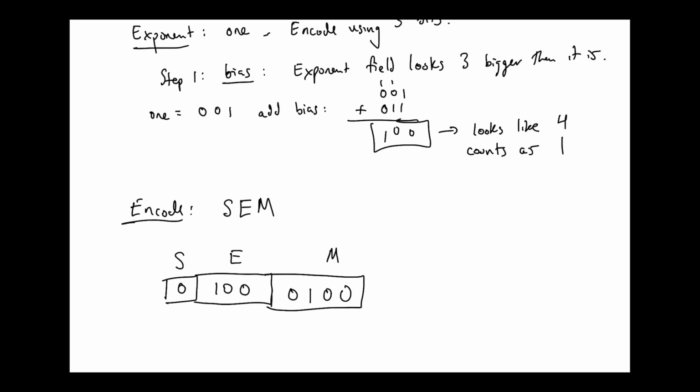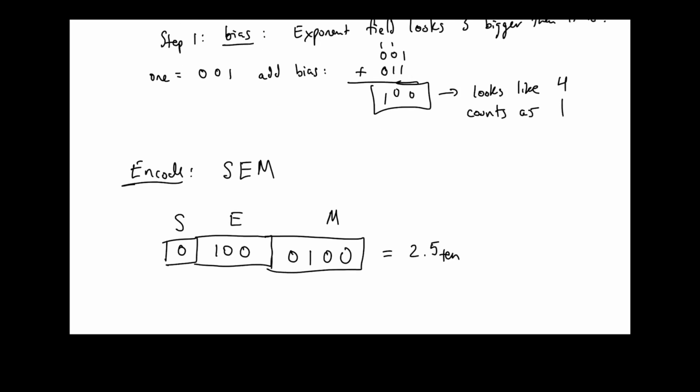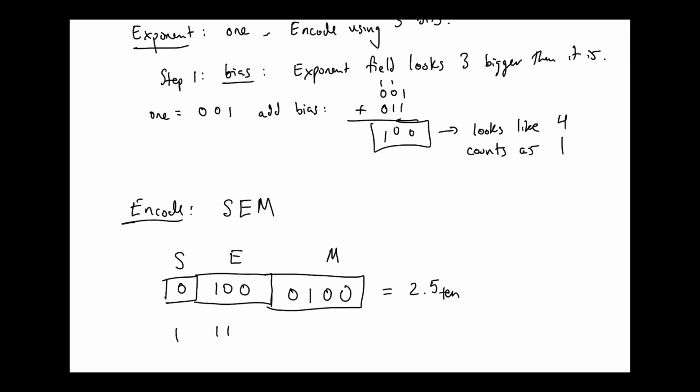That actually is really nice, because it means that if you want to negate a floating point number, all you have to do is flop the far left bit. That's it.